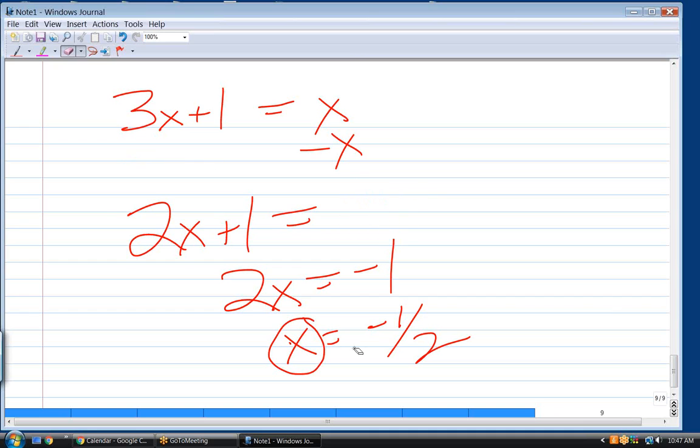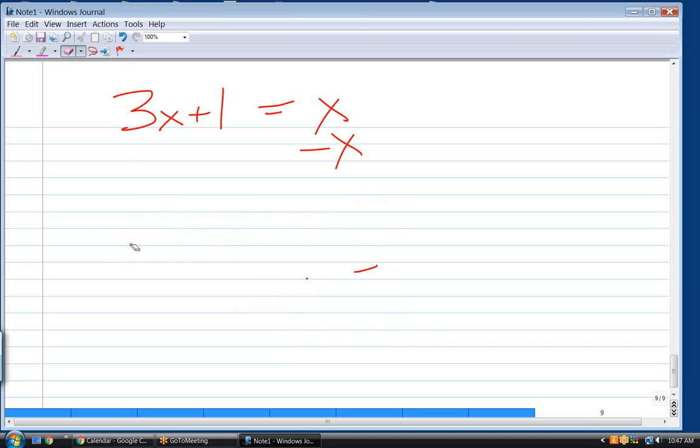Right, but I was going to say just a little bit more than that. If you have something being added to x, then you have to subtract it. If you have something multiplying x, then you have to divide it. In other words, you always do the opposite of what's being done. Let's do this one.